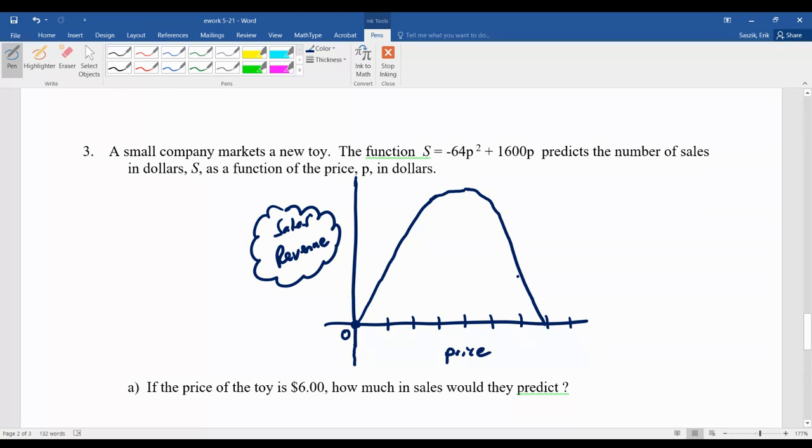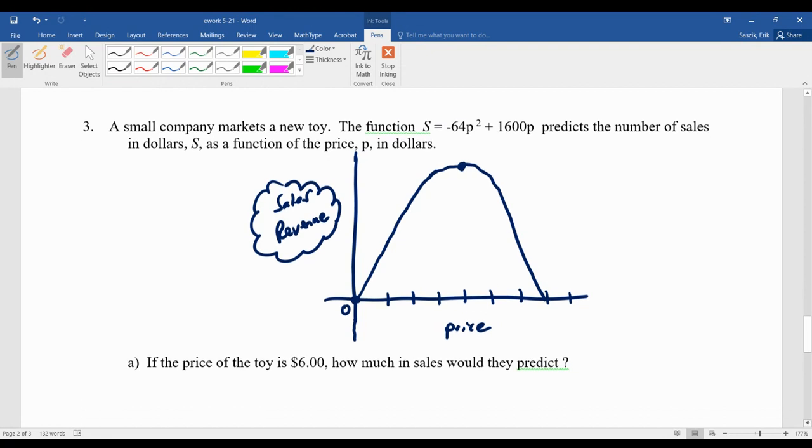And even though you're charging a lot for it, you're not moving that much of it. So your overall sales are very small. Down here with the low price, you might sell a ton of product, but you're not getting a lot of money because you're charging such a low price. So there's an in-between sweet spot, and that's what we want to find. And I'm hoping you're thinking, hey, that sweet spot, the price that will give us the most sales, that would be the vertex, right?